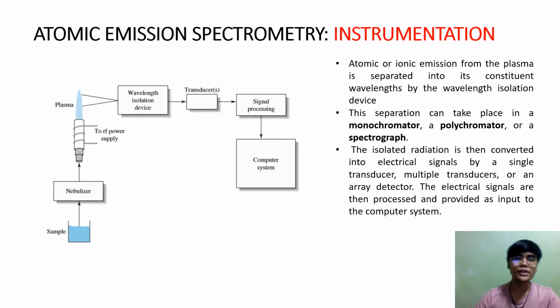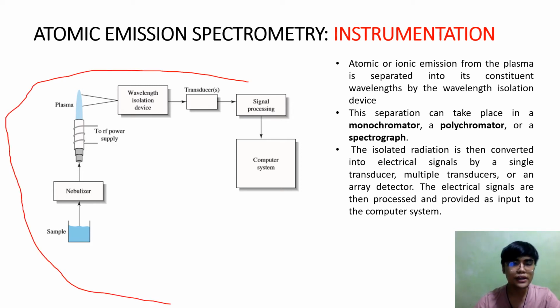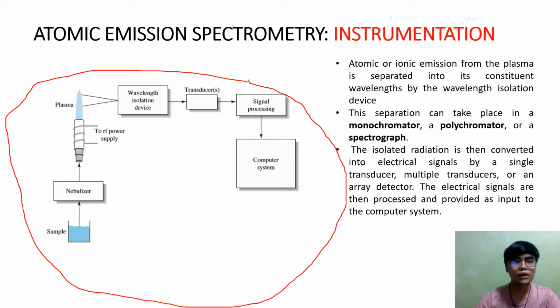For the instrumentation of atomic emission spectrometry, the block diagram of a typical ICP emission spectrometer is shown in this figure. Atomic or ionic emission from plasma is separated into constituent wavelengths by a wavelength isolation device.